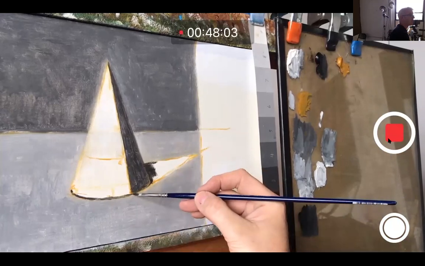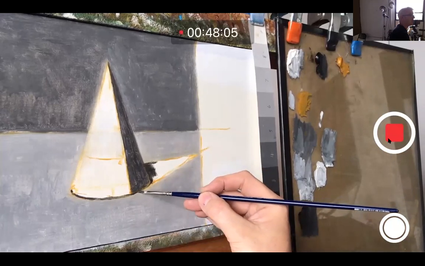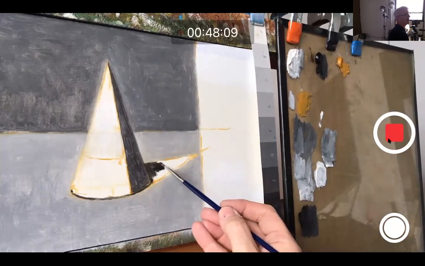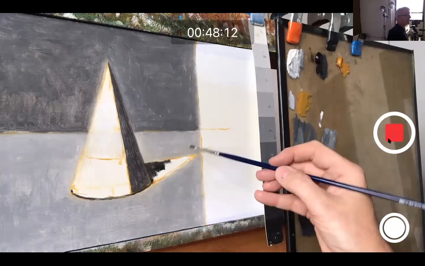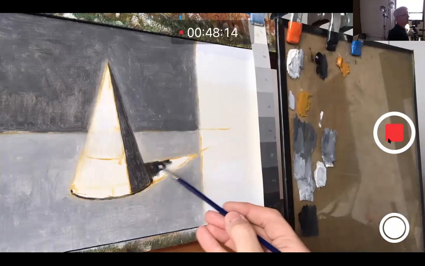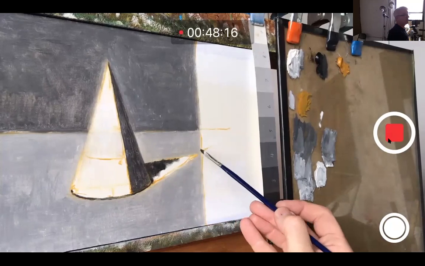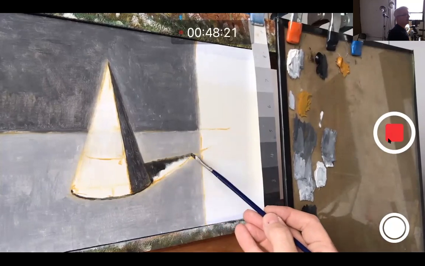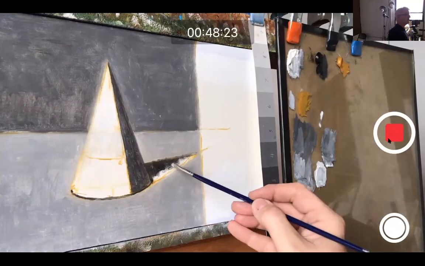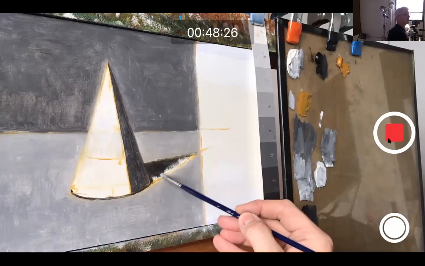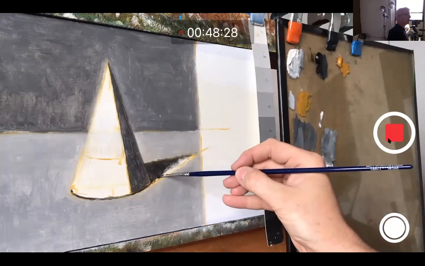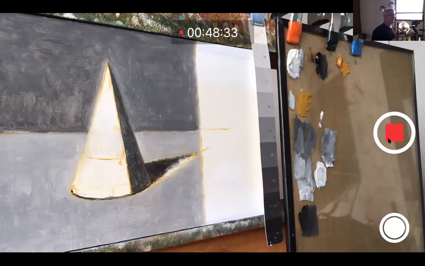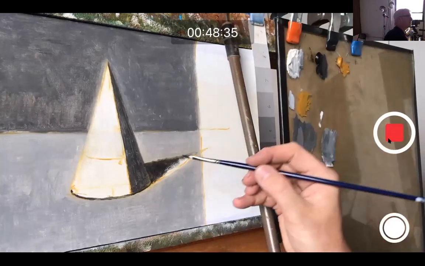But because I'm working with just the large masses of value right now, I'm not going to worry about that until I have all of the large values blocked in. So I'm blocking in just the large value of the shadow shape, and I'm trying to take note of the shape and angle of that cast shadow.